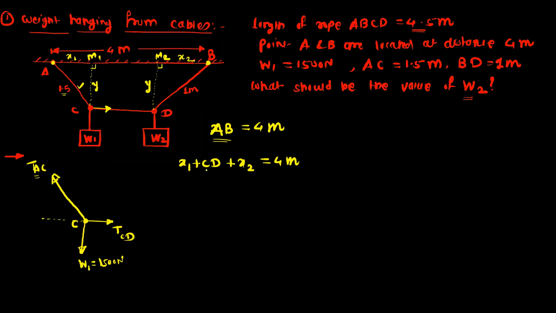But the CD distance we can find out by using the total length of the rope. The total length of the rope is given as 4.5 meter.